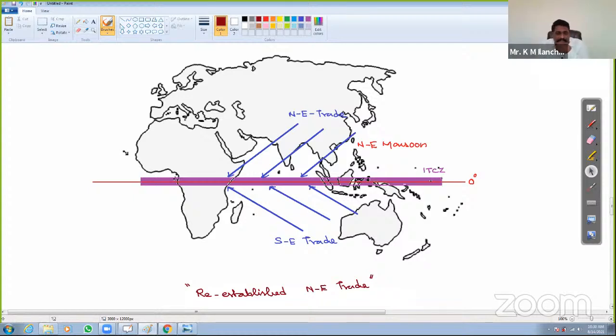The next sentence is: with the shift of the ITCZ, the displaced northeastern trade once again gets re-established over the Indian landmass.